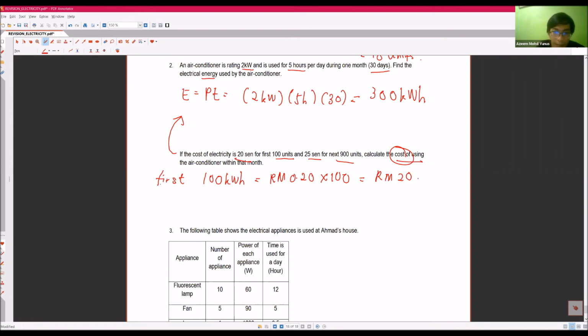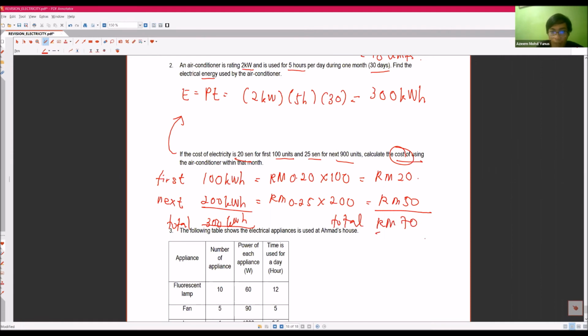Okay, the next 200, because 300, so just left 200. You must multiply 25 cents times 200. 25 times 200, 50 ringgit. So total cost is 70 ringgit.